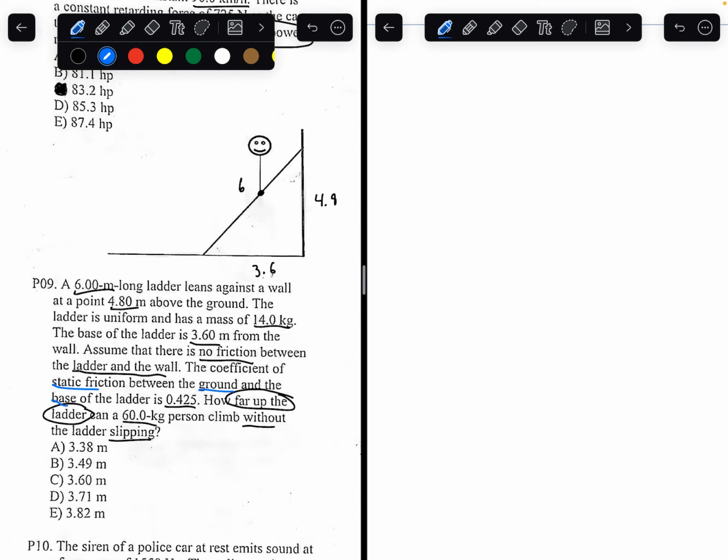There is static friction, so there is a force of friction coming this way. And there is a weight force on both the ladder's center, which I'll draw in this red circle, and the person, which I'll draw in a black arrow. So there is the weight of the ladder and the weight of the person.